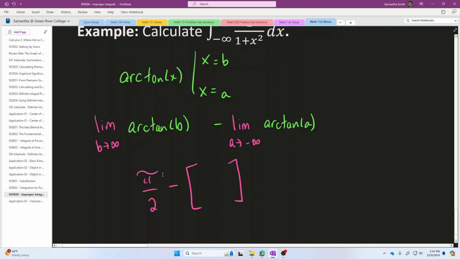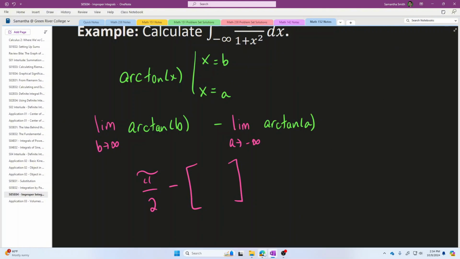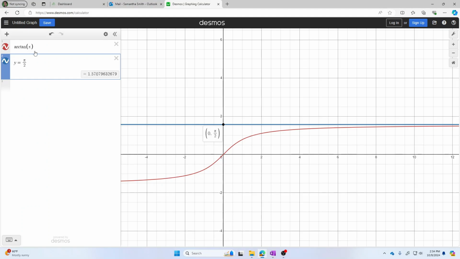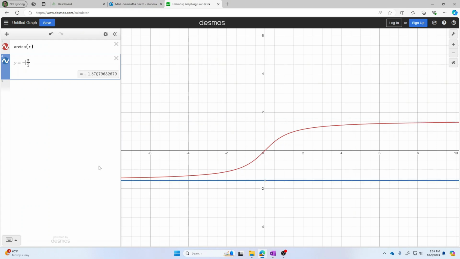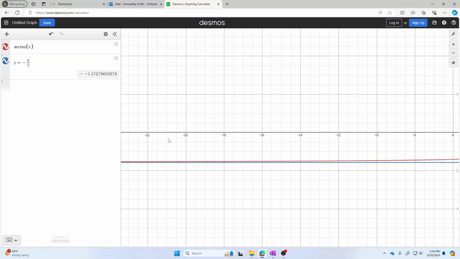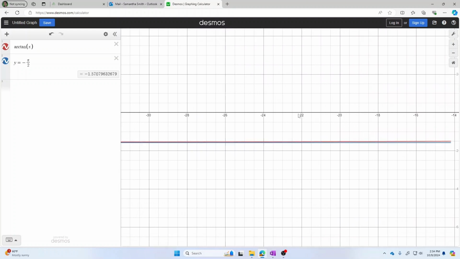Let's go to the graph's left side to figure out what is happening with this limit as a approaches minus infinity. And due to the symmetry that is in this picture, you might be able to predict it. If the right half is approaching positive pi over 2, the left half is just approaching negative pi over 2.